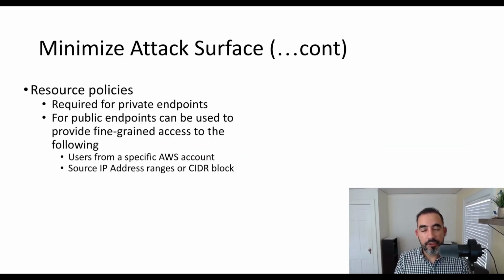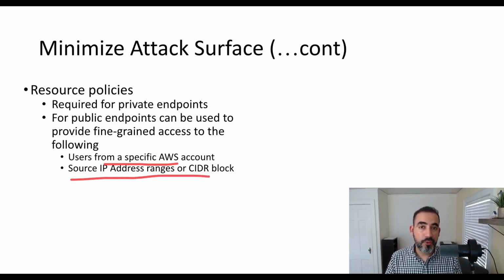Also, another implementation of minimizing the attack surface is using resource policies on your API gateway. Resource policies are required for private endpoints but are optional for public endpoints. For a public endpoint, you can have a resource policy and you can only allow access to specific AWS accounts or specific IP address ranges.